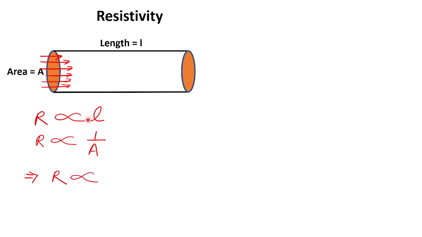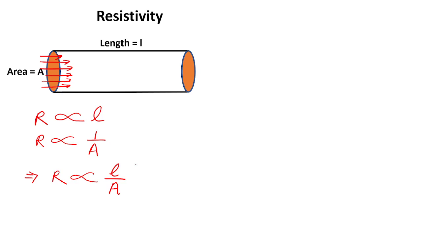Such a result is not in our syllabus, but keep it in your mind. R is proportional to L, R is proportional to 1 by A, then R is proportional to their product, L into 1 by A, which is L by A. So R is proportional to L by A.